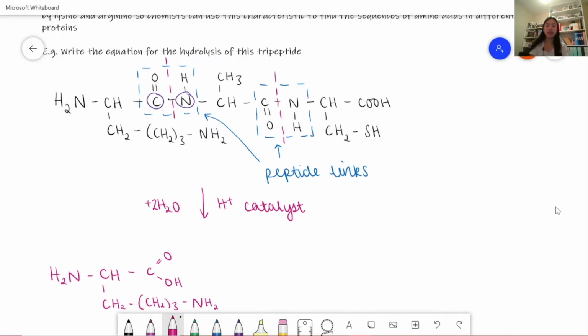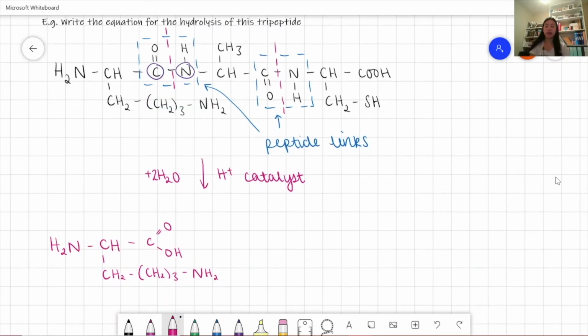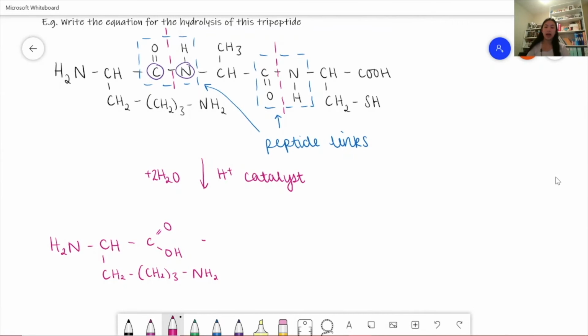So this is our first amino acid that we form. And then we also have the nitrogen with the 2 hydrogens now because we've re-added the H plus from the water. And then we have CH3, and then we have C double bond O and OH because we've added the components of water back to this one as well, to this side also.